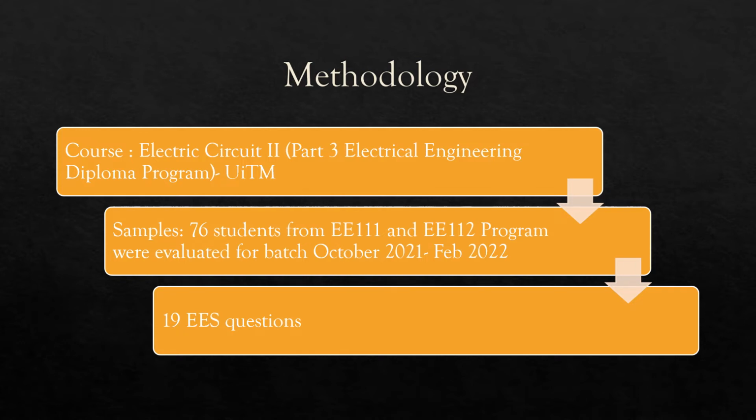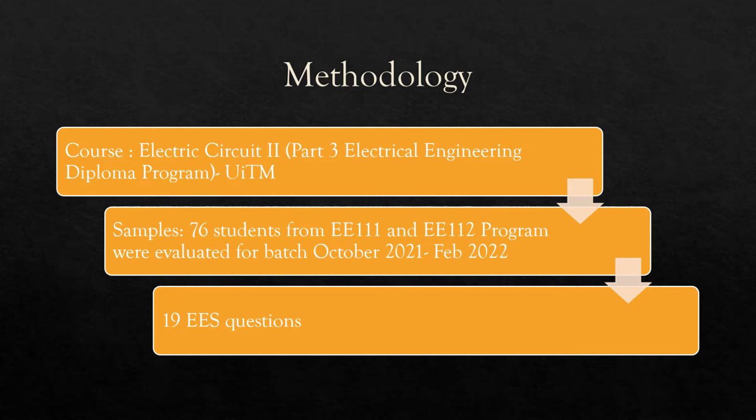The samples use 76 students from EE111, which is Diploma in Electrical Engineering Electronic, and EE112, Diploma in Electrical Engineering Power Program. The batch chosen is October 21 until February 22. The students are from UiTM Johor campus Pasir Gudang.